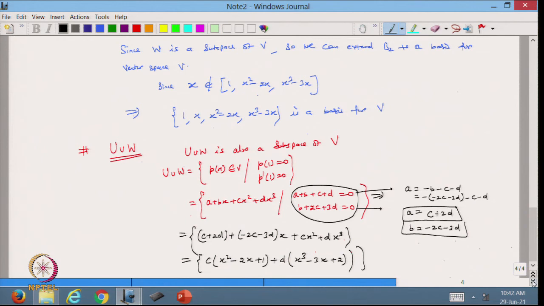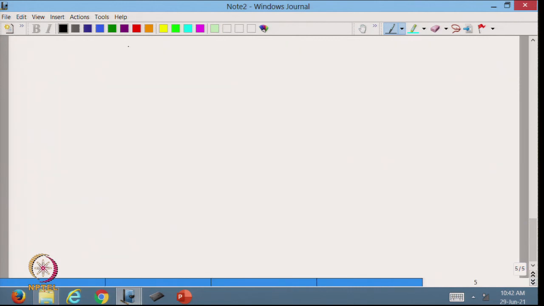Now, from here, which implies that u intersection w is spanned by the set, I call it B3.